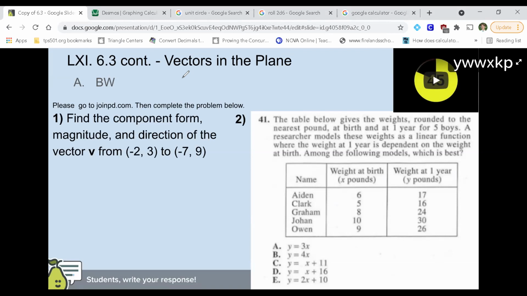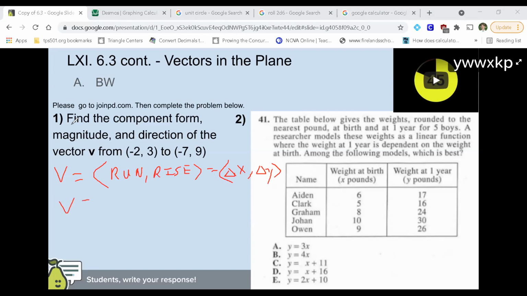I need to find the rise, I need to find the run. Am I recording? Yes. The vector in its component form is run, rise, or the change in x, change in y.